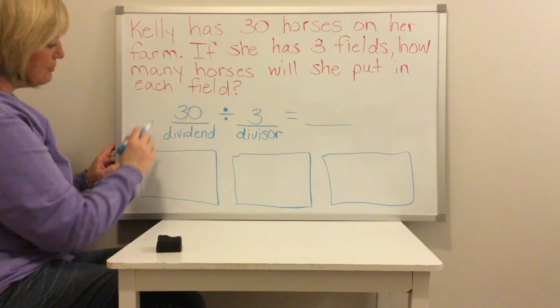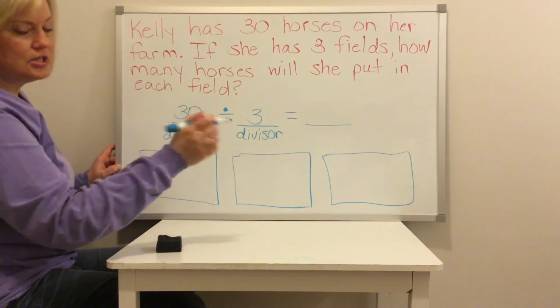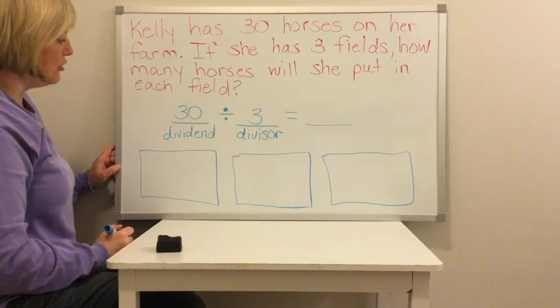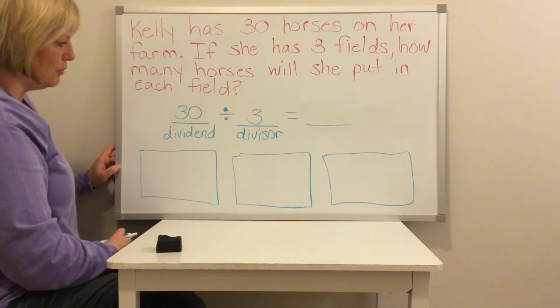And I'm going to take my 30 horses and I'm going to put 1 horse in each group until I have used all 30. And then we're going to look and see how many we ended up with in each group.